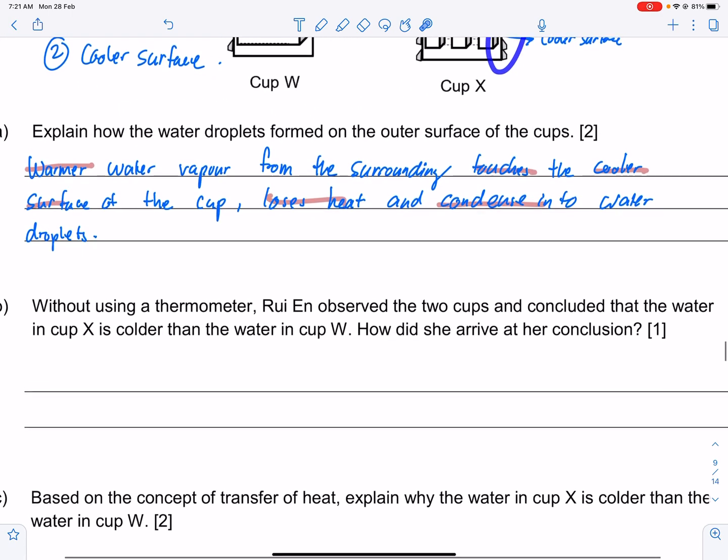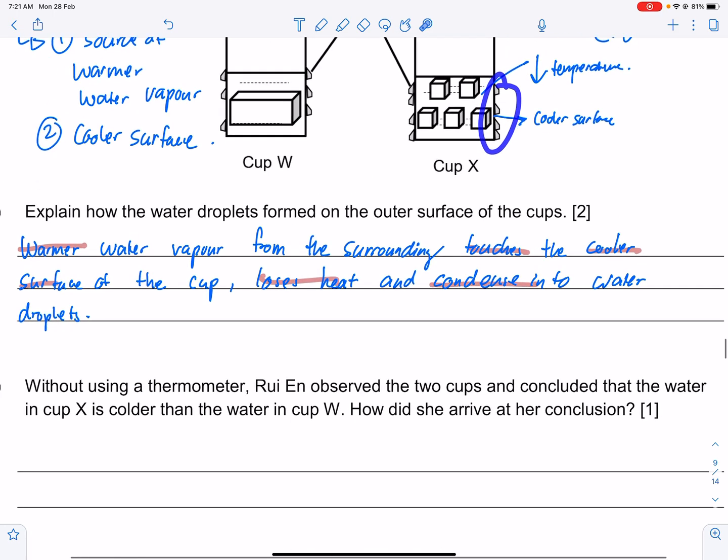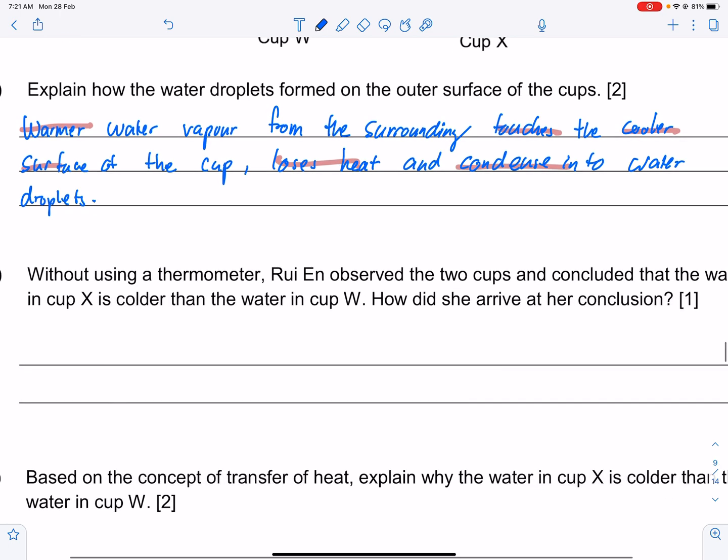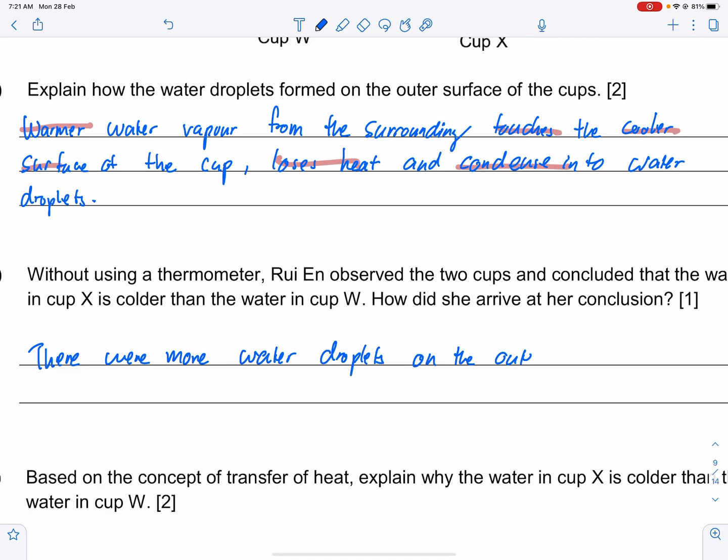So how did she arrive at a conclusion? She's able to tell by the amount of water droplets outside the cups, whereby cup X has more water droplets on the outer surface. Alright, and that's how she did it.